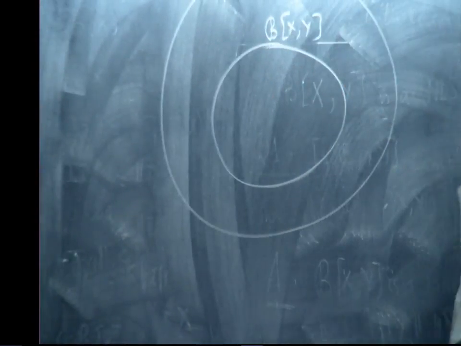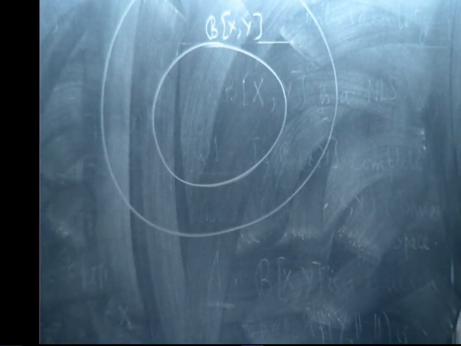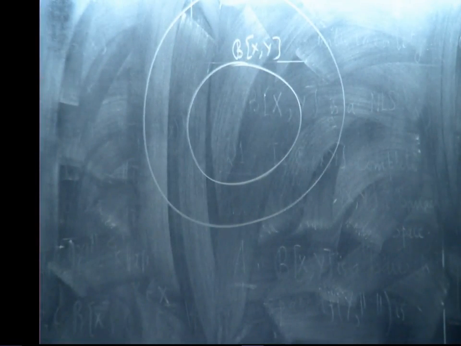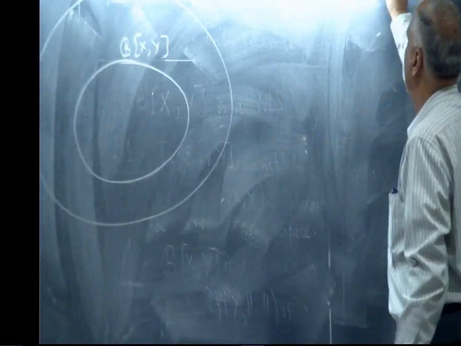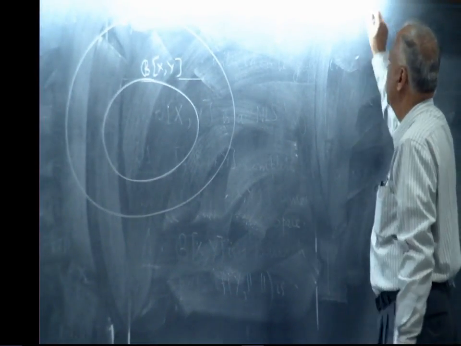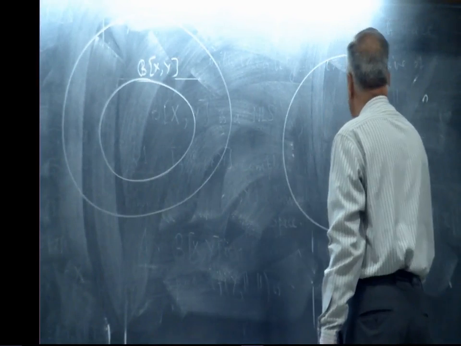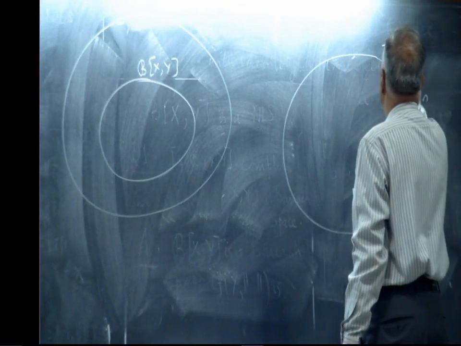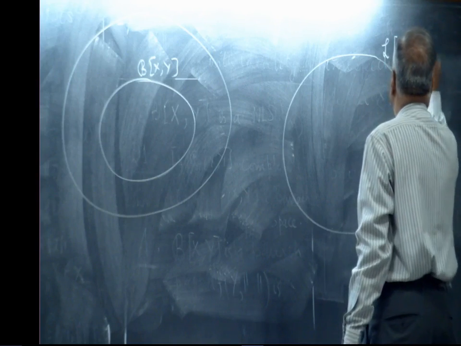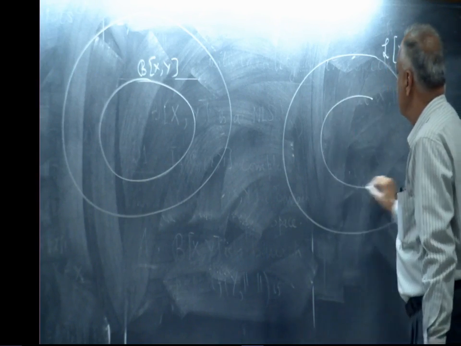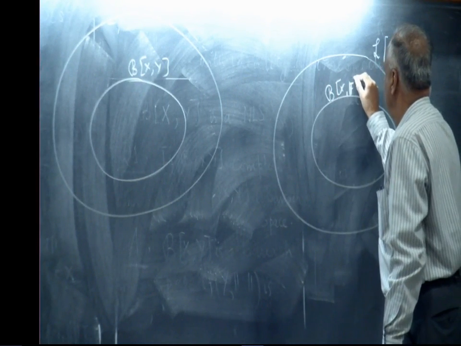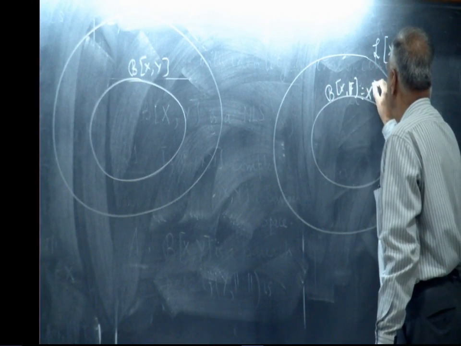Correspondingly, if we take Y equal to the field of scalars, real or complex, then we have L(X,F) and B(X,F), which I call X star.